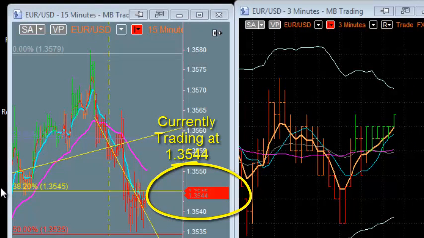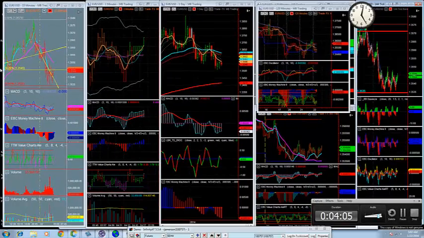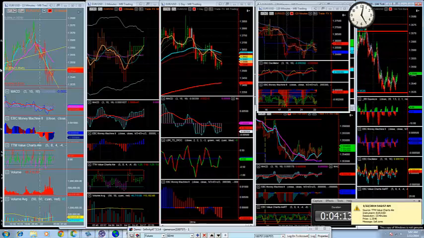That would be a nice move. So keep an eye on it as it stretches to the upside. And this is what we want to use the tools for, is to capture these moves.